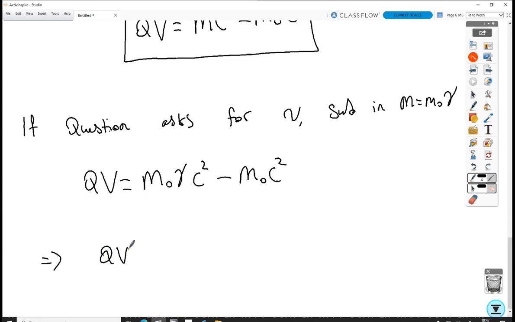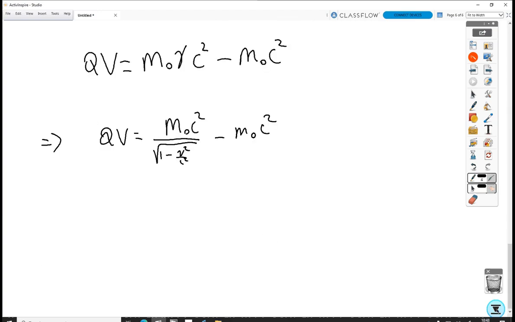So we've got QV equals m naught over square root of 1 minus v squared over c squared, minus m naught c squared. And if we want, we can factorize that.